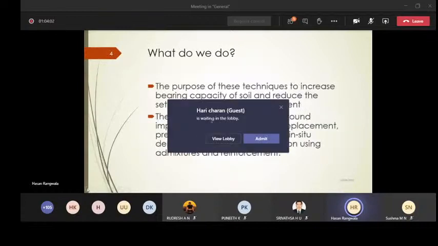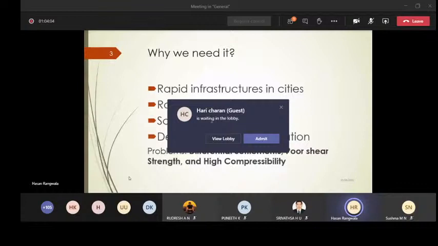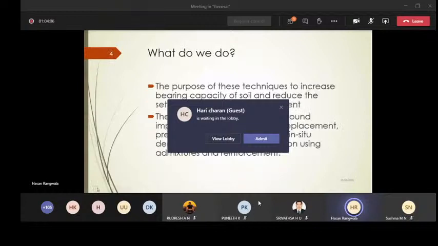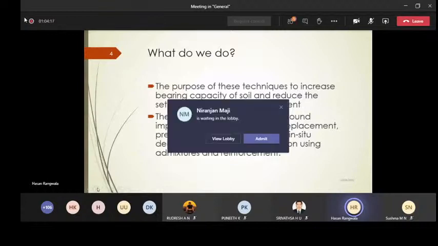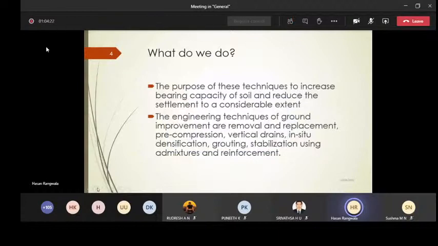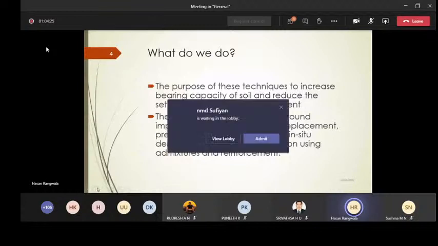Okay, these are some of the basic questions that you have to always ask whenever we start with any of the methods. So what we generally do is we improve the bearing capacity and we improve the settlement behavior. That is, we reduce settlement to a considerable extent.